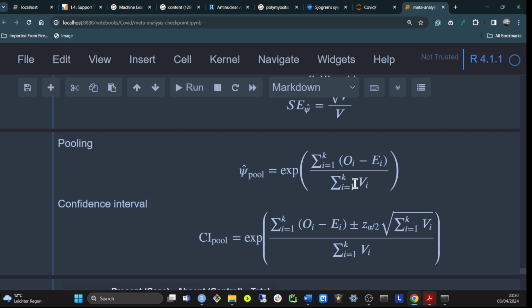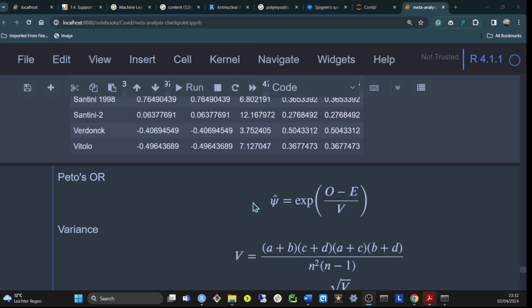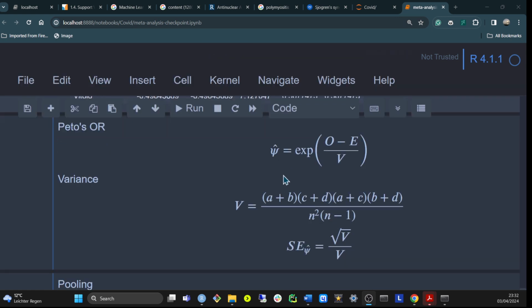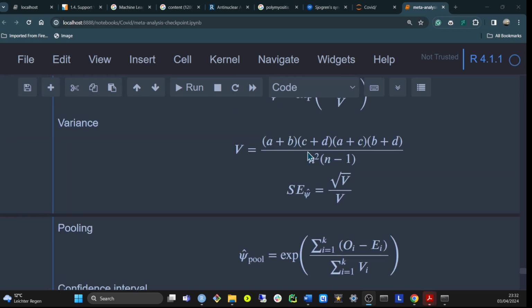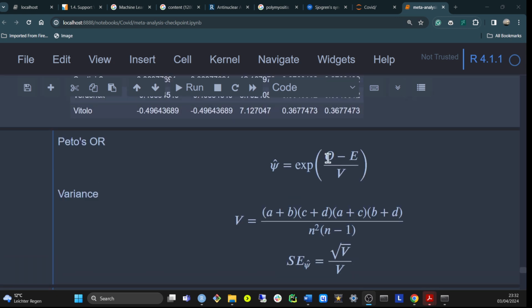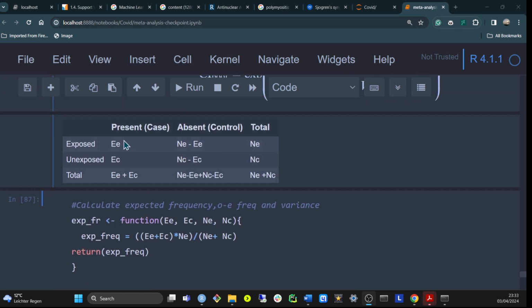The next thing is to calculate the Peto odds ratio. The way we calculate it is we get the observed value. Here we have this formula: the observed minus expected divided by the variance. It gives us the Peto's log odds ratio. If we exponentiate it, of course, we get the Peto odds ratio.